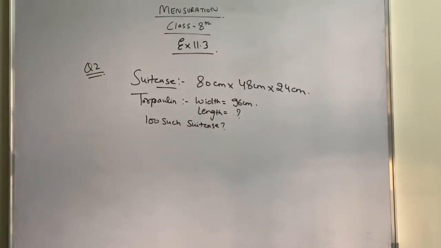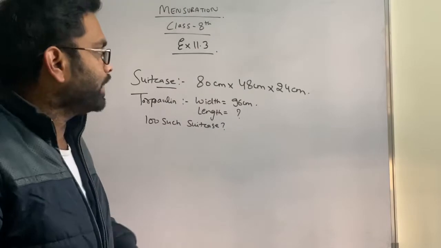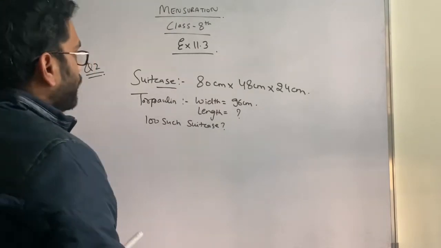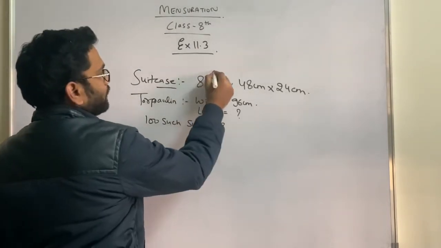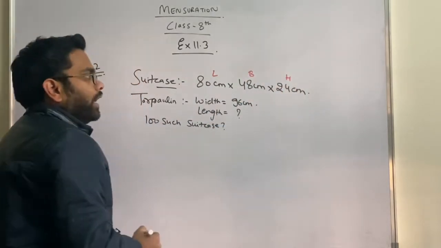Now please pay attention in this question. The suitcase has a dimension of 80 centimeter, 48 centimeter and 24 centimeter. That means this is indicating length, this is indicating breadth and this is indicating height.